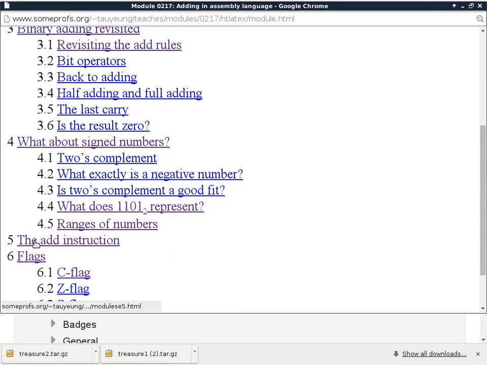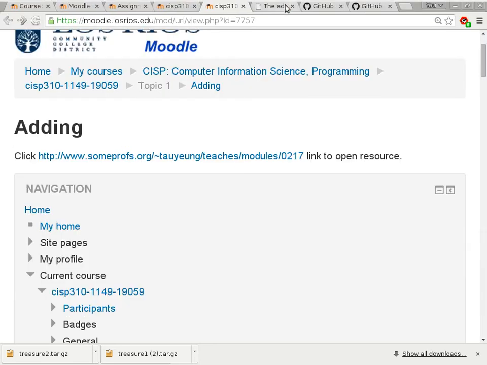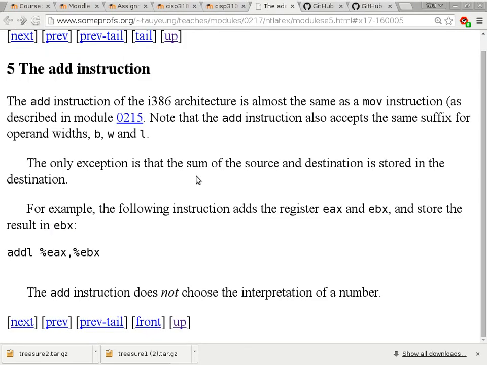We used this slide to talk about the add instruction itself, and last time I commented on how short this particular page is, because for the most part, the add instruction is just like the move or copy instruction. Except in this case, instead of copying the first operand to the second operand, you are adding the two operands first, and then the sum is stored in the second operand, which is always the destination operand.